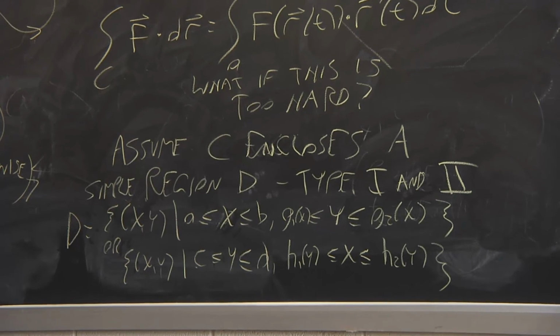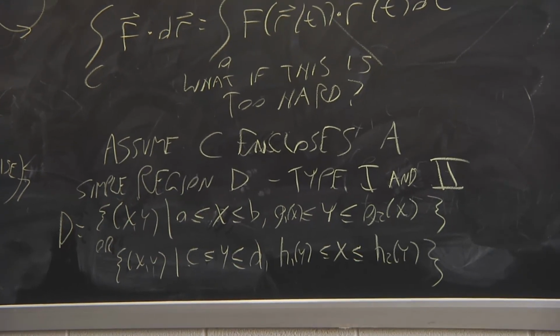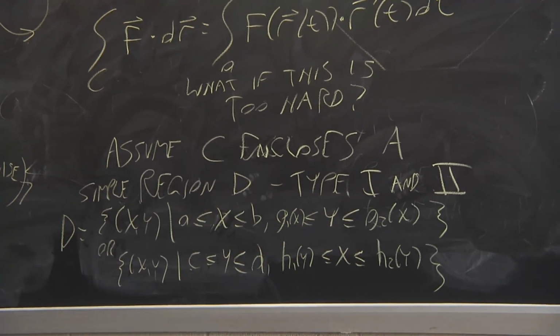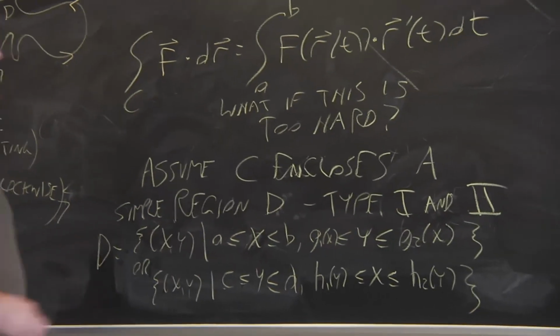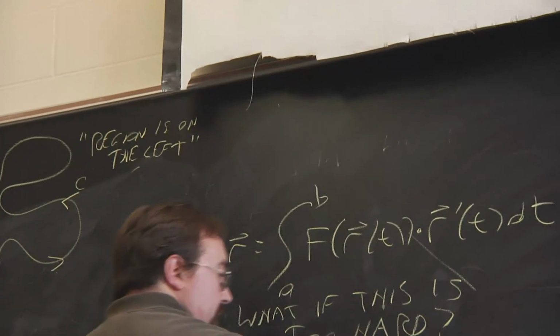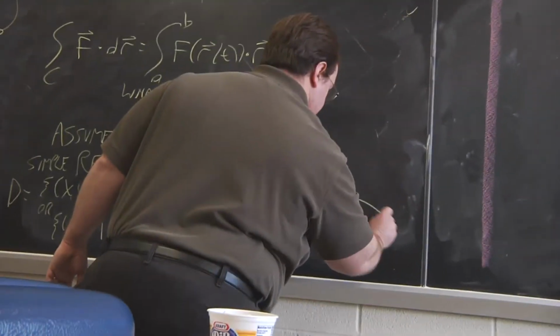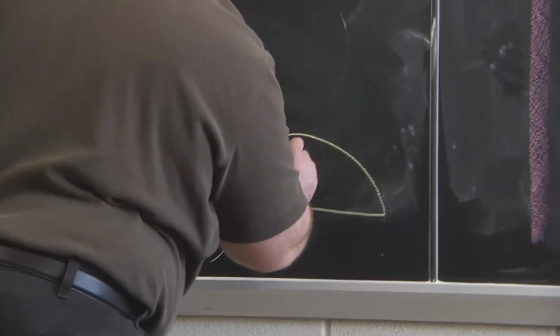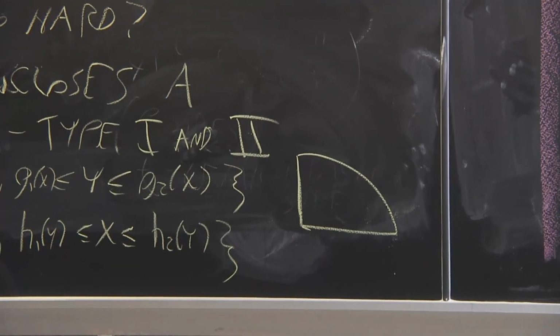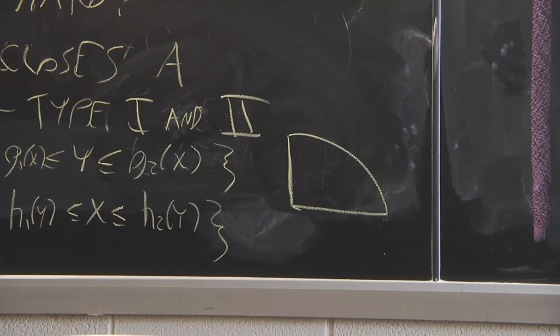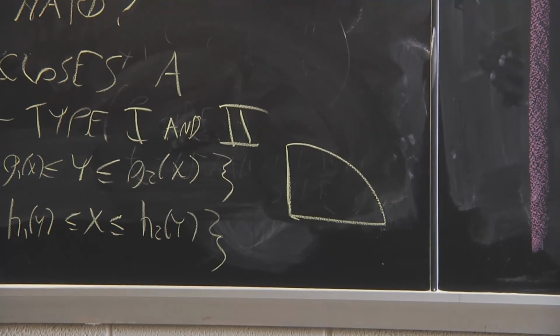Okay. So, depending on what we're trying to integrate, either point of view could be most convenient. Any triangle generally can be looked at as a region of type 1 and type 2. Or a region that's a triangle except maybe it has some curved boundaries, for instance, something like this. We've done at least one example involving a region like this. So you can look at a region like that as being of type 1 and type 2, whichever is more convenient. Okay.